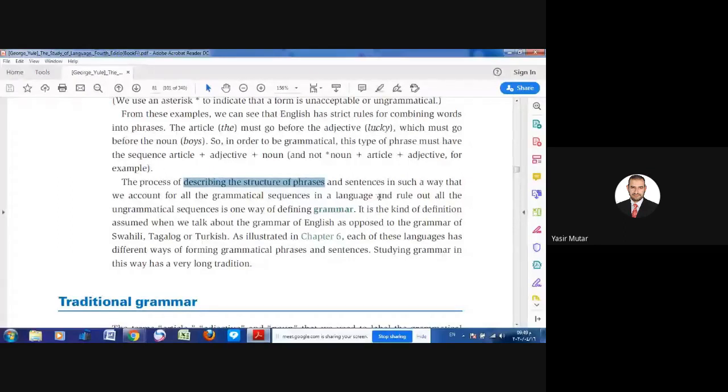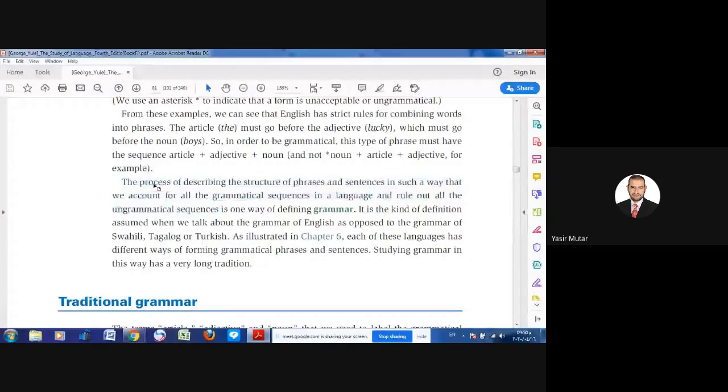The other one is to rule out, rejecting, not accepting. Rule out means rejecting, and rule out all the ungrammatical sequences in the language. Okay, it stops here, the definition.